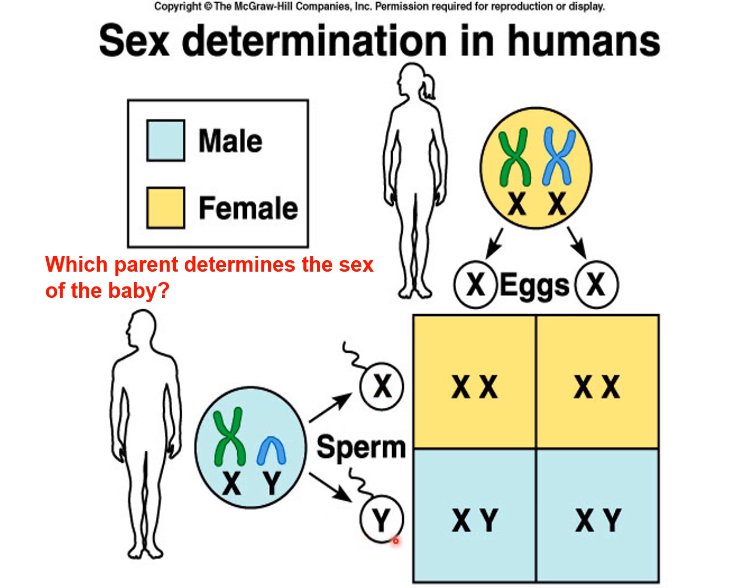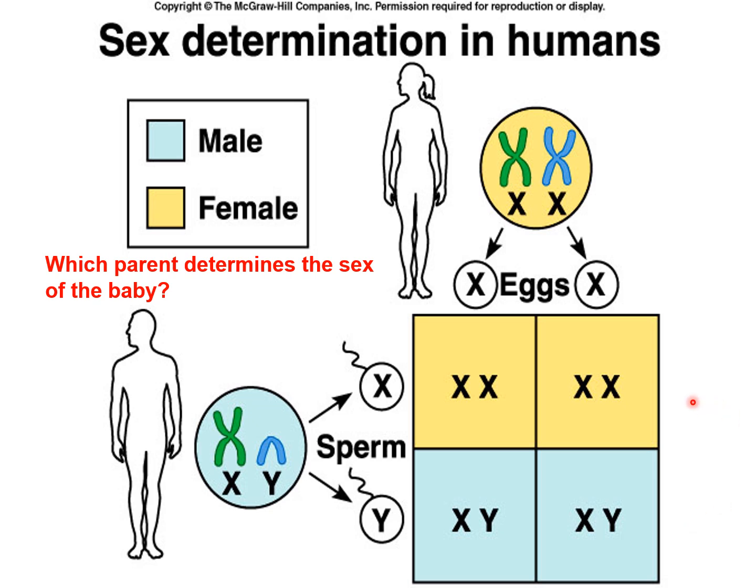So when we do our Punnett square, looking at just these X and Y chromosomes to determine the sex of the baby, you can see that half of the offspring will be female and the other half will be male. And then which parent is going to determine the sex of the baby?